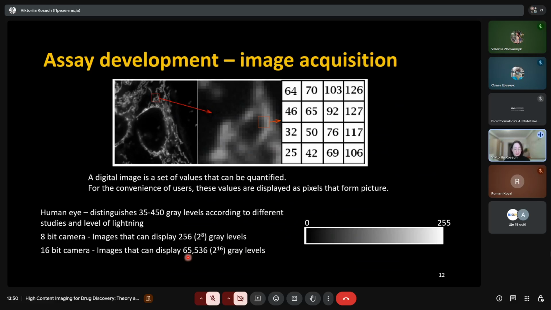So when you're capturing your image, you want your fluorescent signal not to exceed this range, because then your camera will not be able to detect all the signal from your sample. So this is quite important when you acquire your images.